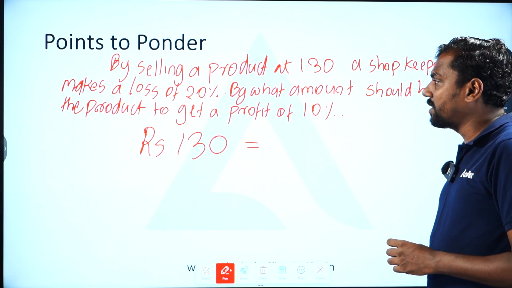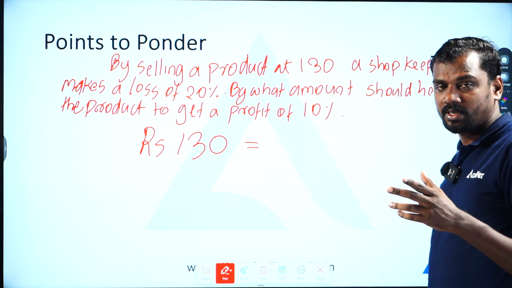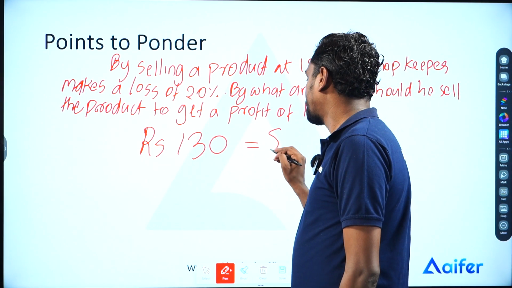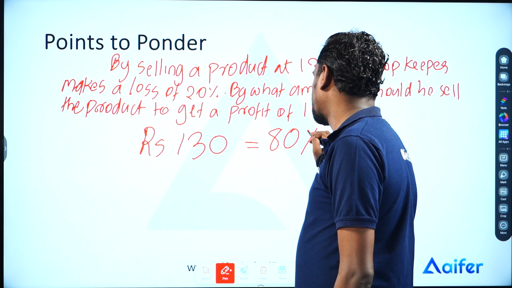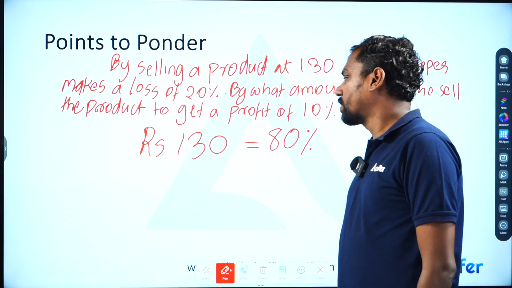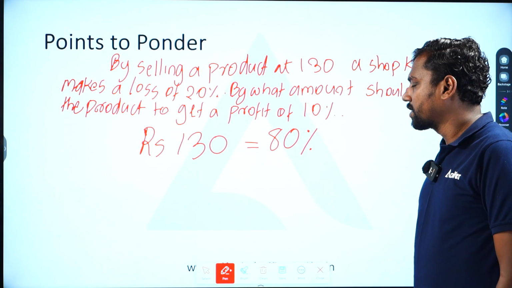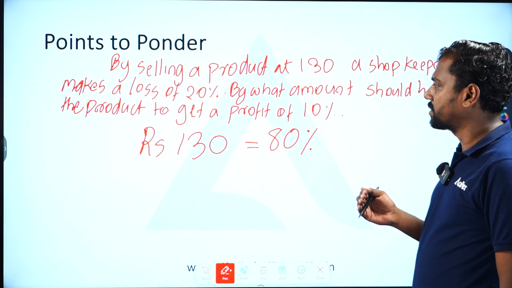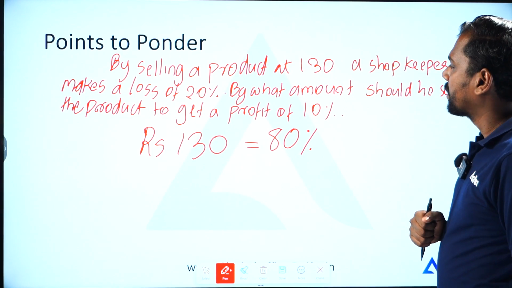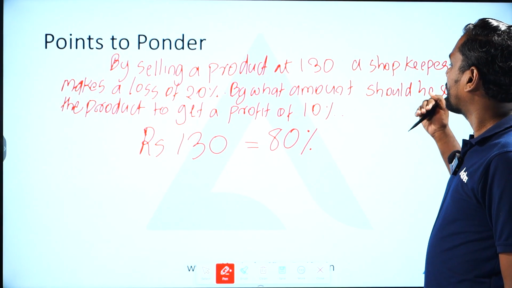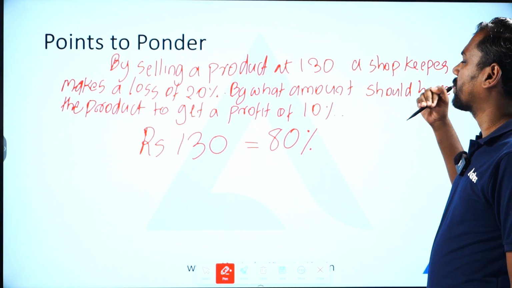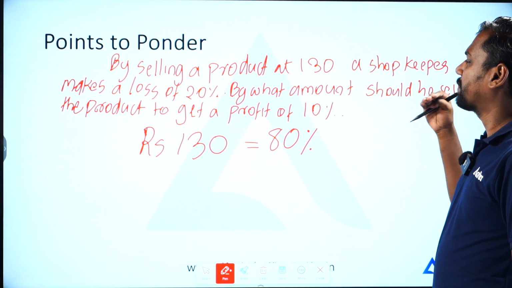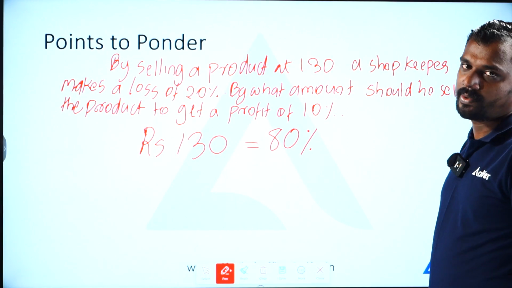So rupees 130 is the selling price at a loss of 20%, that is, rupees 130 is 80%. Then the question is, by what amount should he sell the product to get a profit of 10%?